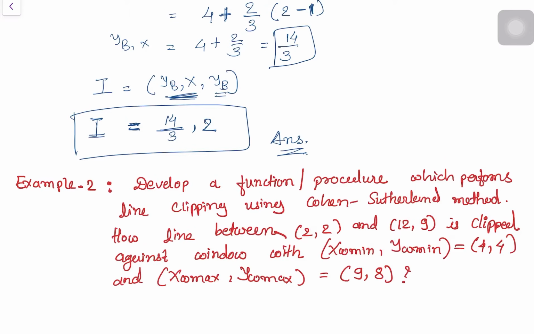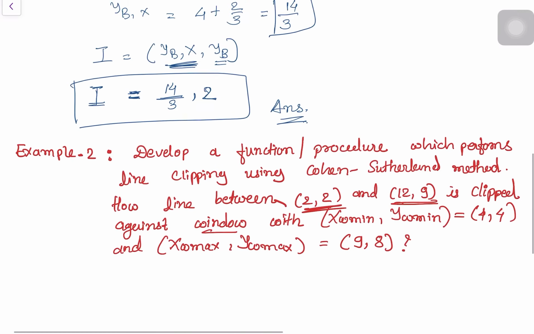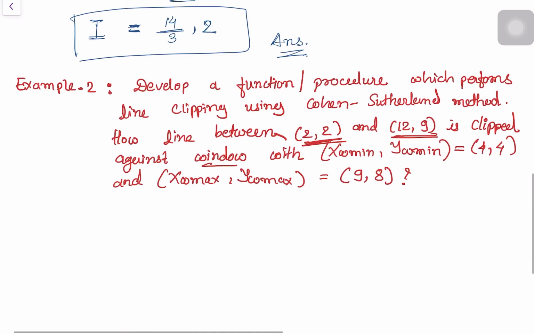What we have to find is how the line between 2 comma 2 and 12 comma 9 is clipped against the window. Now what do we have given in this example? What is the solution for it?